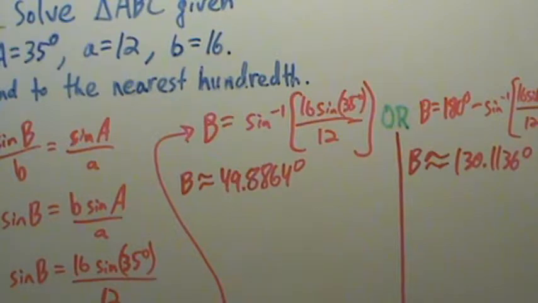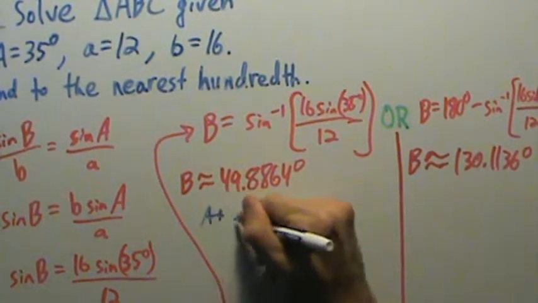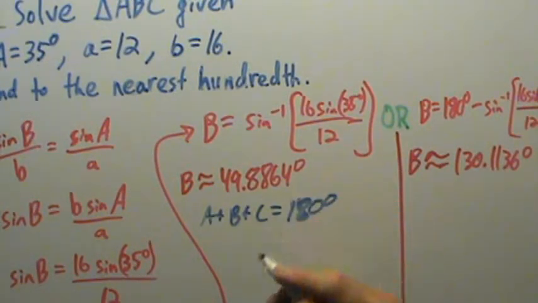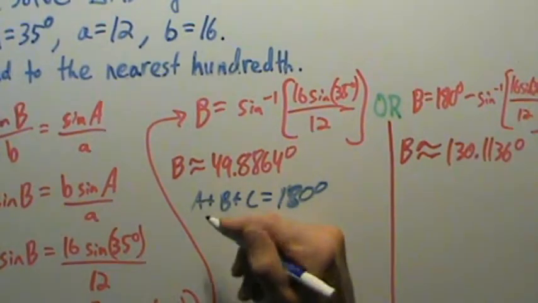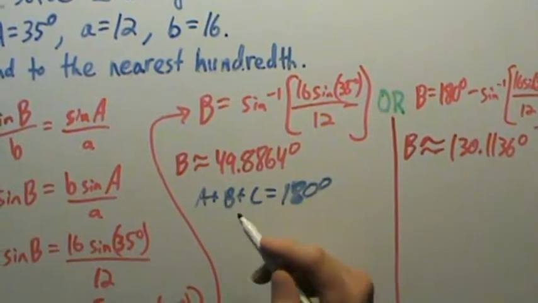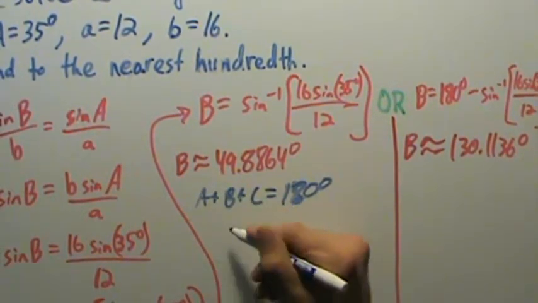Now let's use angle B to get angle C. We're running out of space, and we've done it a bunch of times before, so we'll skip some of the details. The point is A plus B plus C equals 180 degrees. If you add up all 3 angles in a triangle, you have that. So using that fact, we have angle A, which is 35 degrees, and angle B, which is this value here.